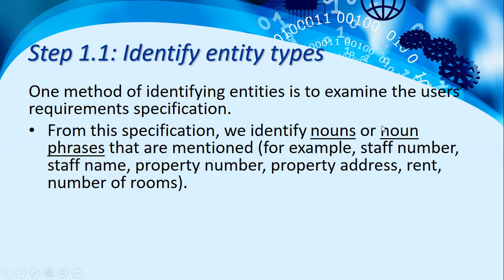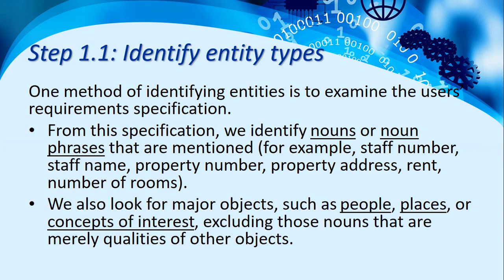Now, not all nouns and noun phrases are actually entities. Some of these could be properties or qualities, and therefore they should be considered as an attribute rather than an entity. So we also look for major objects. Aside from looking for nouns and noun phrases, which are just people, places, concepts, interests, we exclude those nouns that are merely qualities of other objects.